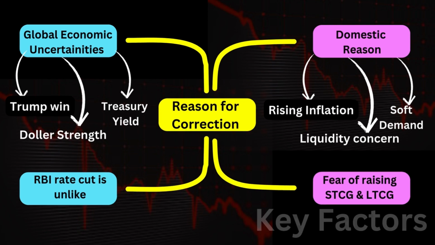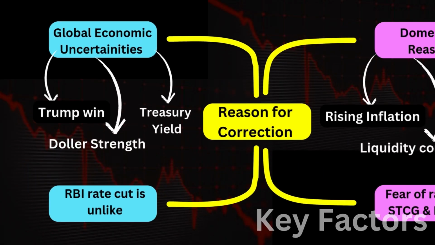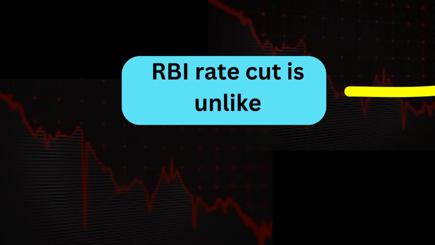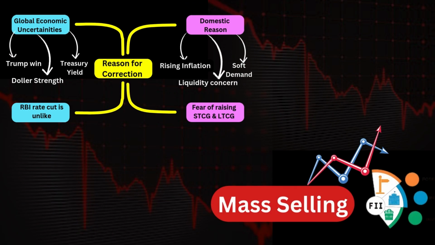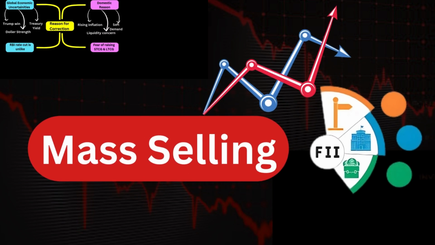So here I have listed all the key factors highlighted by newspapers which are contributing to the sharp decline. However, among them, one of the biggest culprits is the relentless selling by the foreign institutional investors, that is, FIIs.